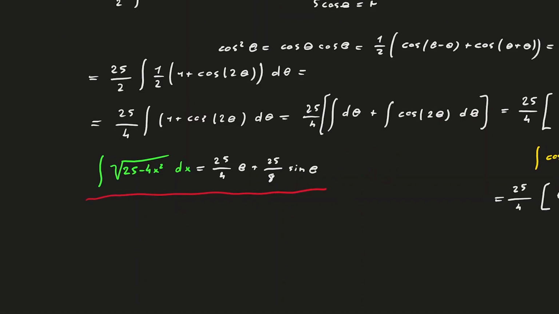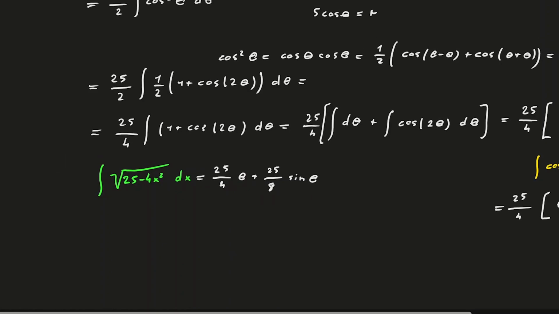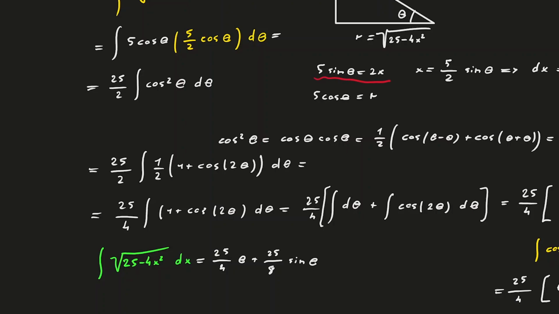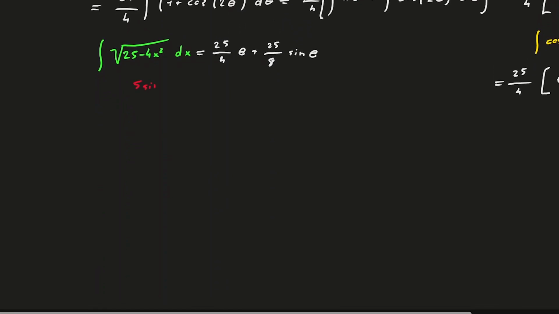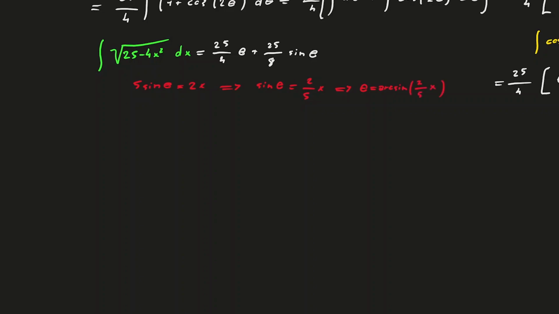So we now know that this integral is this, but we have this as a function of theta, but we were integrating with respect to x, so we want this as a function of x. So remember that 5 times sine theta equals 2x. So knowing that 5 times sine of theta equals 2x, we can isolate sine of theta and we get that sine of theta equals 2 over 5 times x. So theta equals the arc sine of 2 over 5 times x.